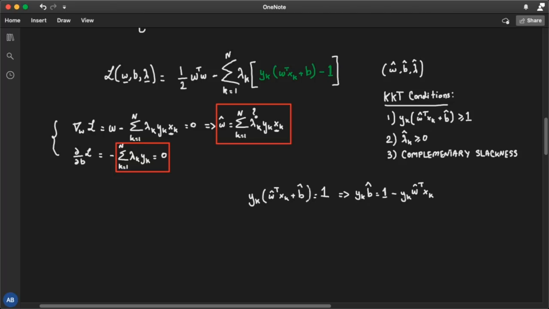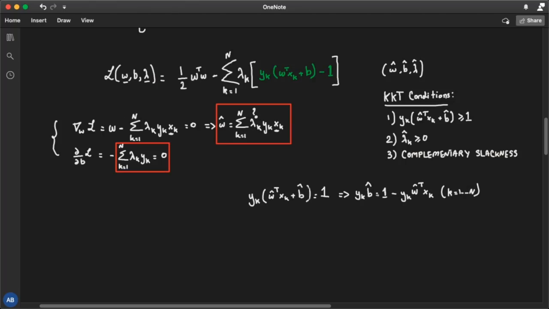And there you go. So once you have computed w hat, you know your xk's and yk's, so you can compute b hat. How? Well, to make use of all the training set, notice that this applies for k going from 1 till n.